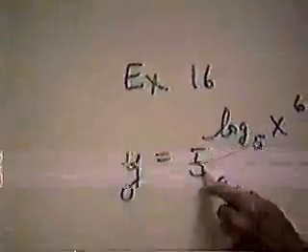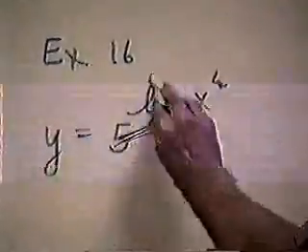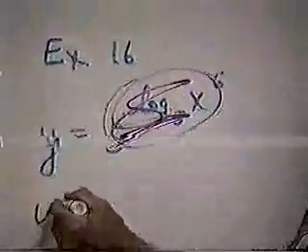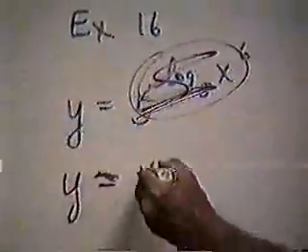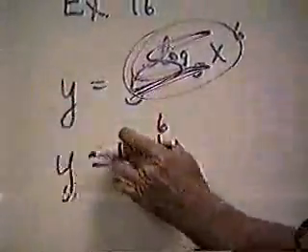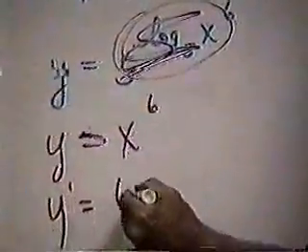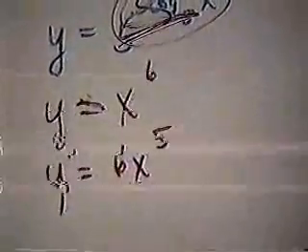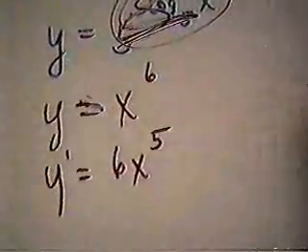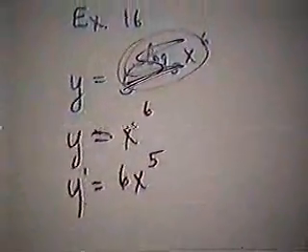If these two numbers are the same, then you just get to replace all this with x to the 6th power. And now you go take the derivative. y prime is equal to 6x to the 5th power. So here's a case where, just watch for that. You usually get 2 or 3 of those somewhere in a textbook.